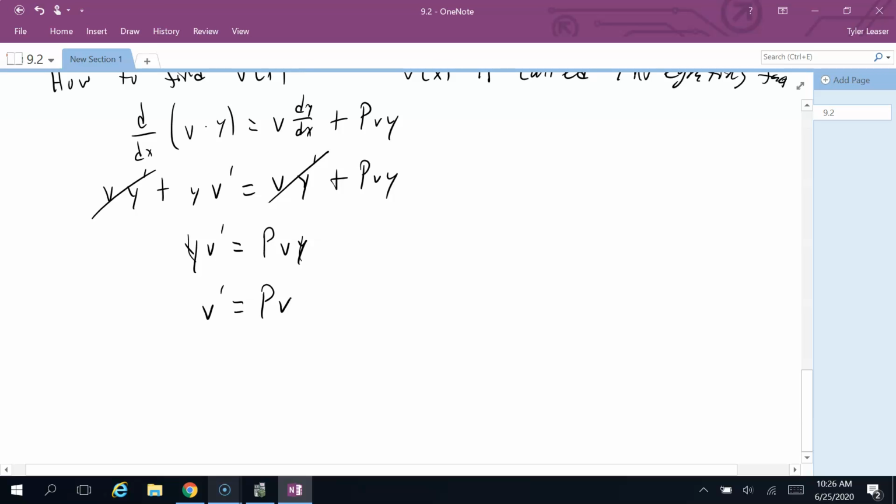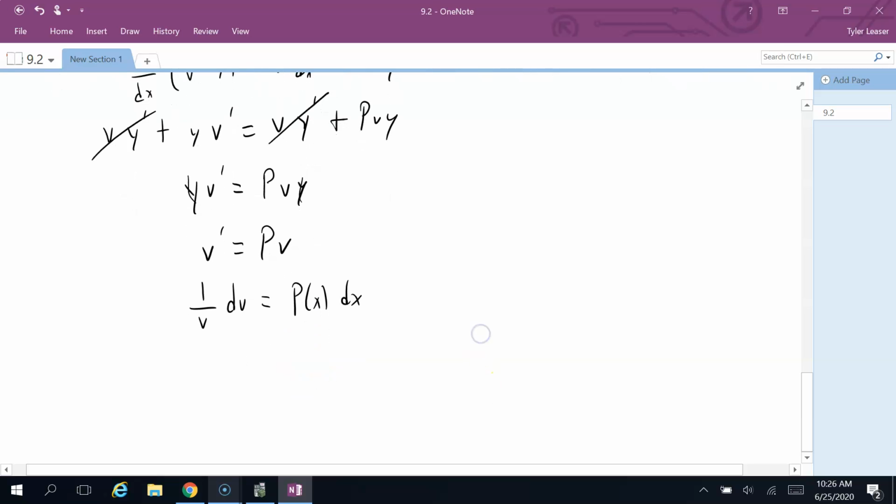And then if I want to solve this for v, this is a separable differential equation. So to solve that, we're going to divide v over, and then rewrite v prime as dv/dx. So it's going to have a dv here, but then we're going to multiply that dx over to the other side. Don't forget that p is a function of x, so it has x's floating around inside of it.